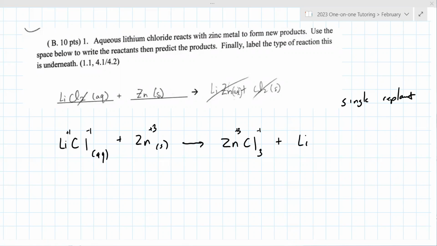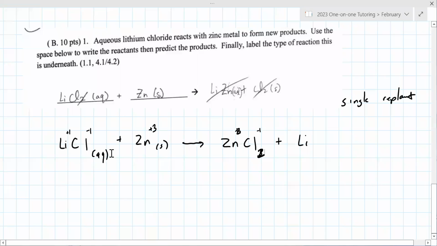So this is saying it is, so I was wrong here. Zinc is a +2, not a +3, and it's a Cl2. And again, this is where I'm not sure why I couldn't tell you why that's +2 instead of +3. But the rest of this is okay. This goes with, there's 2 of those. There you go.